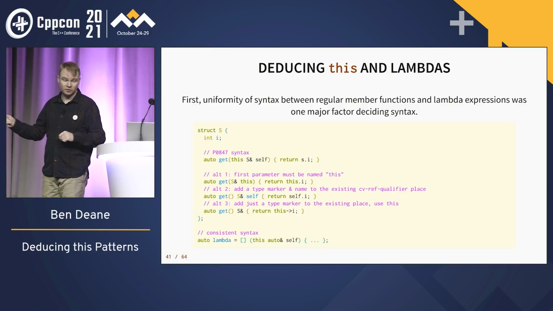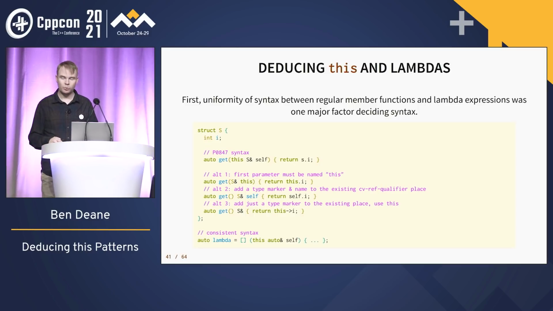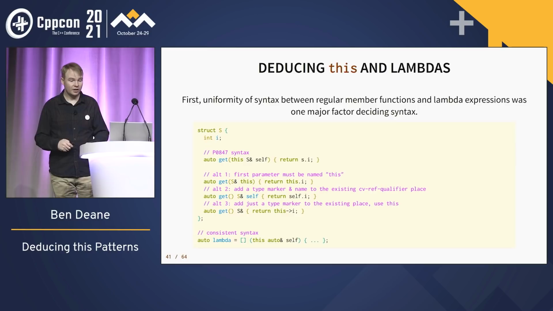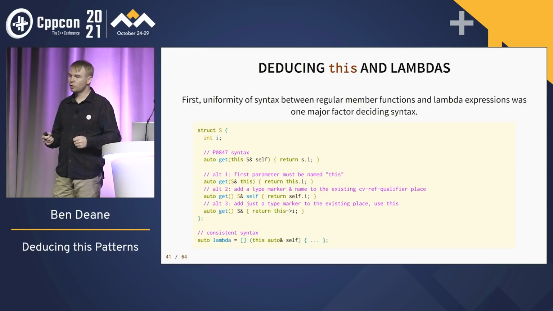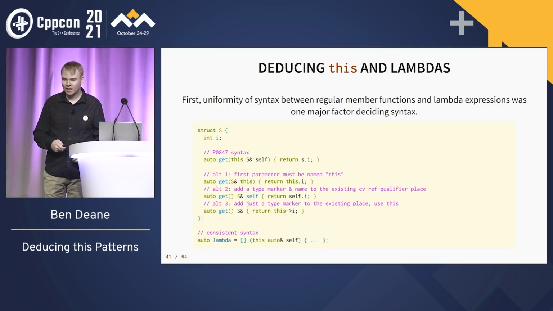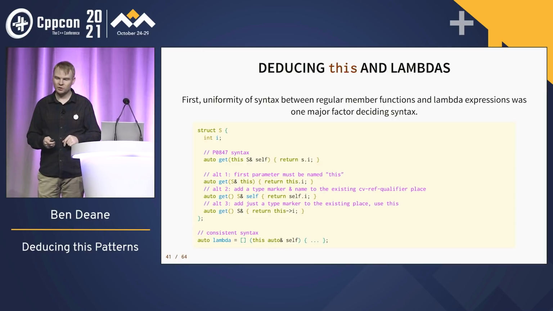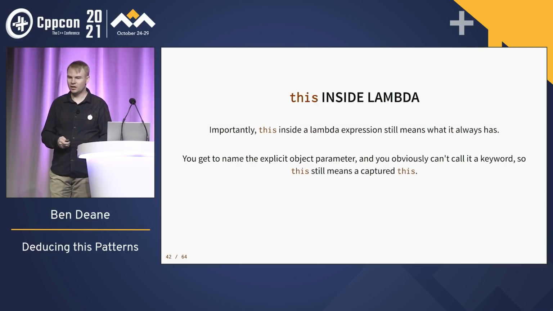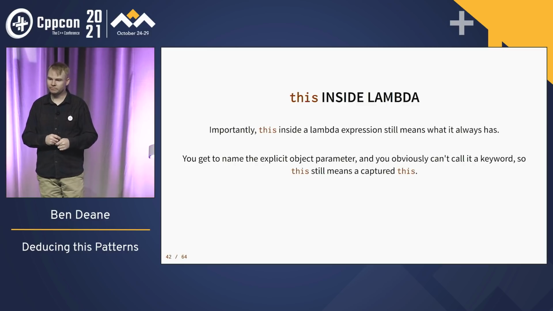Alternative 1 makes this not a pointer, so that would have been dead in the water straight away. It would also interact poorly with lambdas that capture this. Alternative 2 has problems in parsing. C++ is complex enough that for many new features, you need to find a gap in the parsing code that you can fit it into, it turns out. Alternative 3 has issues with lambdas and possibly dependent type issues as well. So for all of these reasons, we chose the syntax that we did, which was Hobson's choice in the end.